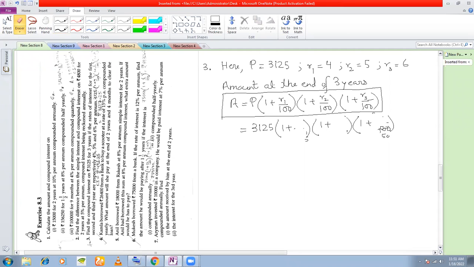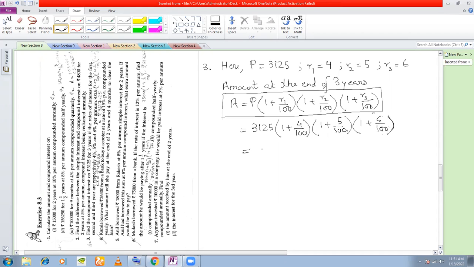This will give you a little convenience in your calculation. Okay. So for convenience of calculation, keep the denominator as 100. So 1 plus, you had 4 by 100, you had 5 by 100, and you had 6 by 100. This is what you had.